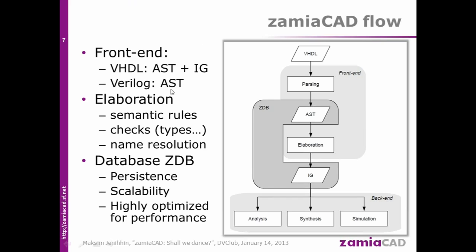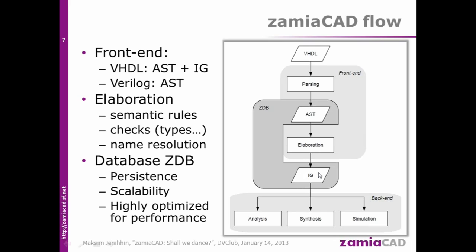As a front end, we primarily support VHDL, and we have some initial steps for Verilog, but actually it's not among our high priority to-dos at the moment. But for VHDL, we can parse it and obtain an abstract syntax tree. And then we can go further and elaborate this and get a semantically resolved elaborated model.